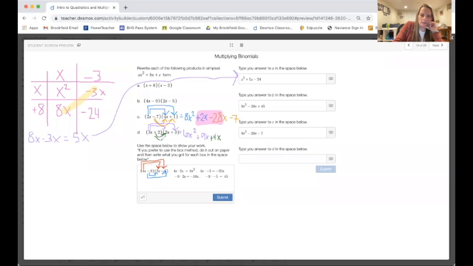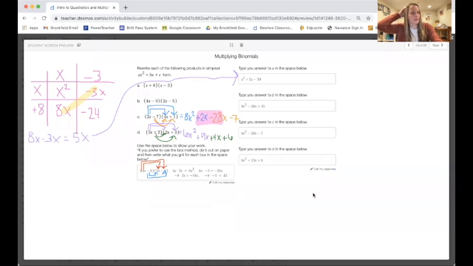And then 2 times 3, 6. And then combine your like terms in the middle to end up with 6x squared plus 13x plus 6. That's multiplying binomials together, so binomial times a binomial.